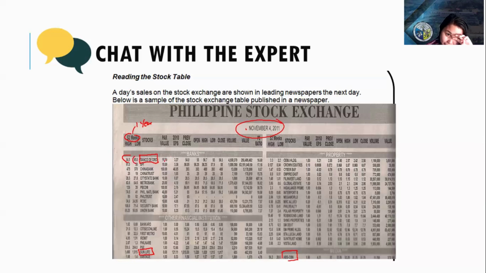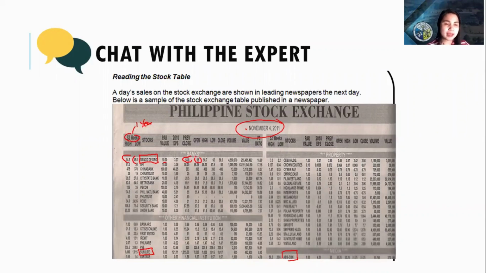You'll see the par value, that's the face value of your stocks. The previous close is yesterday. At what price did it close? So at the closing time, it's at 54.80 pesos. It opens at 55 pesos.